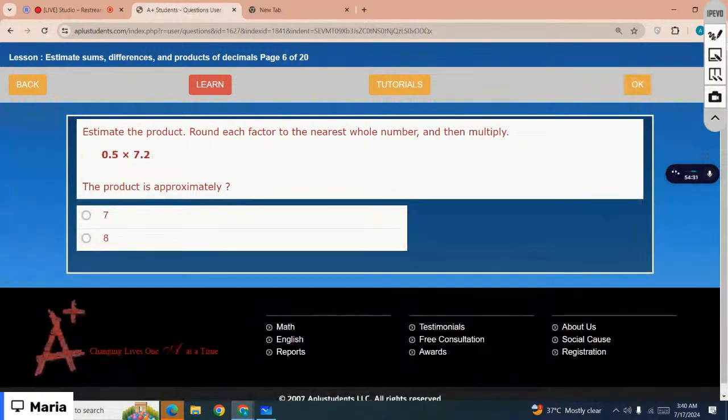Okay, the next one is estimate the product 0.5 times 7.2, which is the correct option?